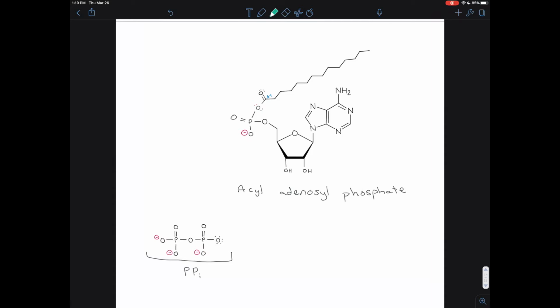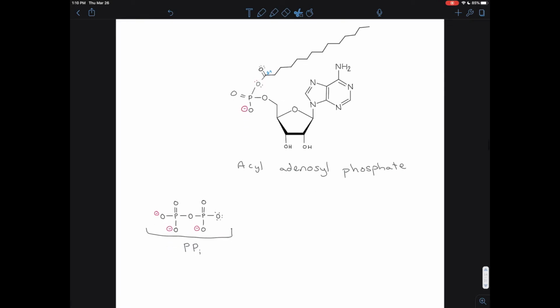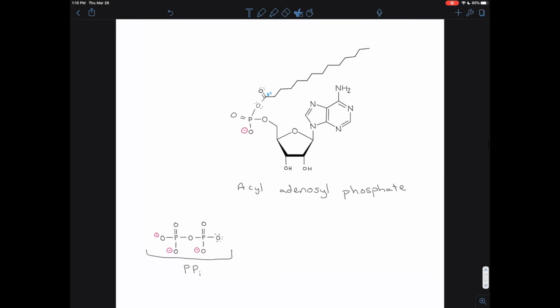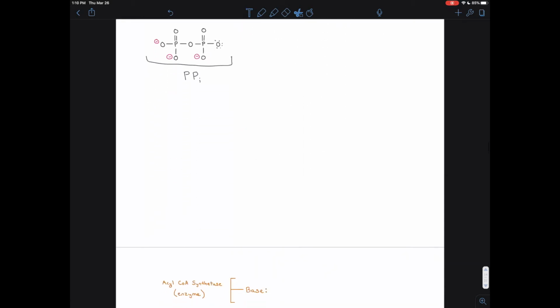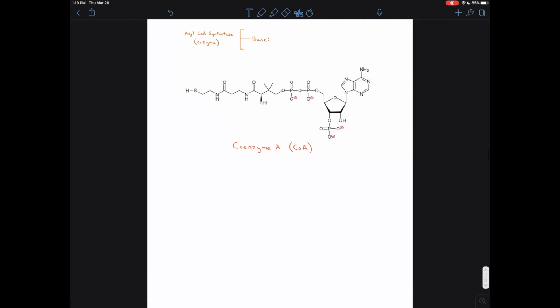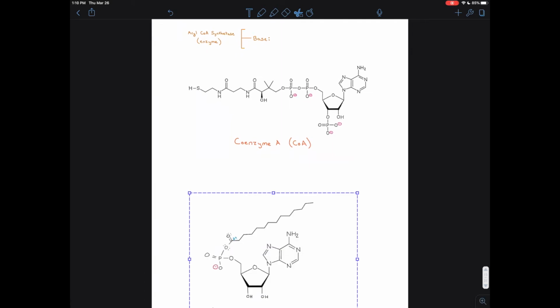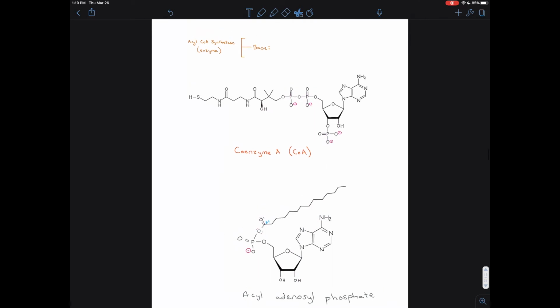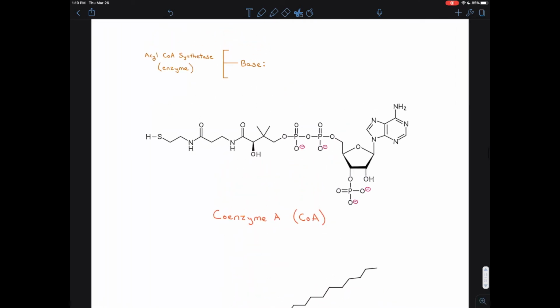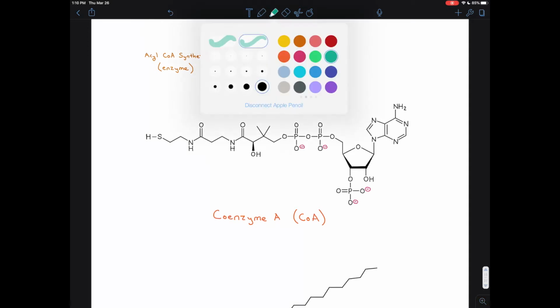a nucleophilic acyl substitution, this classic sort of biochemistry reaction, nucleophilic acyl substitution. So we're going to take this acyl adenosyl phosphate, and it is going to react with another really important molecule called coenzyme A. Now, again, like with a lot of these biological molecules, there's a part of the molecule that's sort of an artifact of ancient life that serves purposes of solubility and making sure the molecule fits into the right enzymes, and then there's the active part of the molecule.